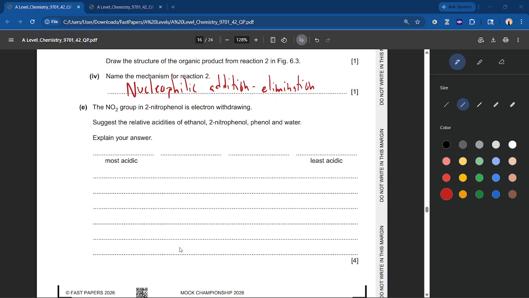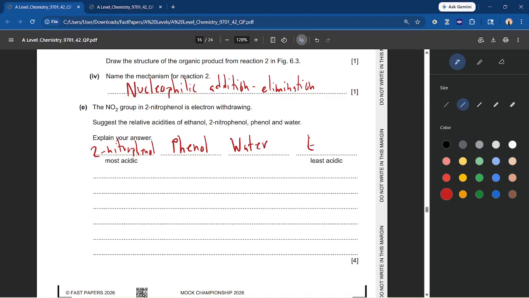Let me first write it down: 2-nitrophenol. After 2-nitrophenol, it's going to be phenol. And then surprisingly, water is more acidic than ethanol. So why is this the case?